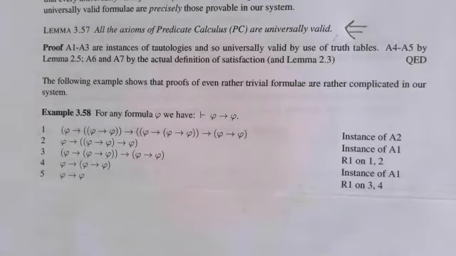So 358 here. I put this here as much as anything because it gives us another example of a proof, but it also shows us how awkward the system actually is.